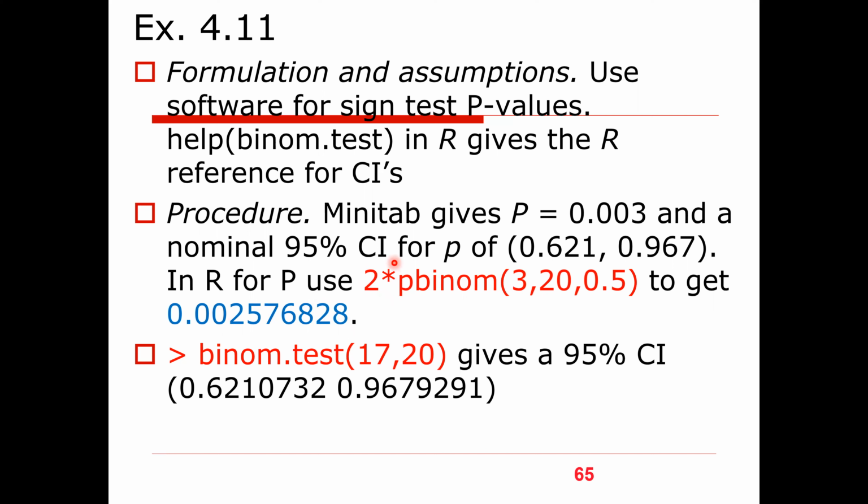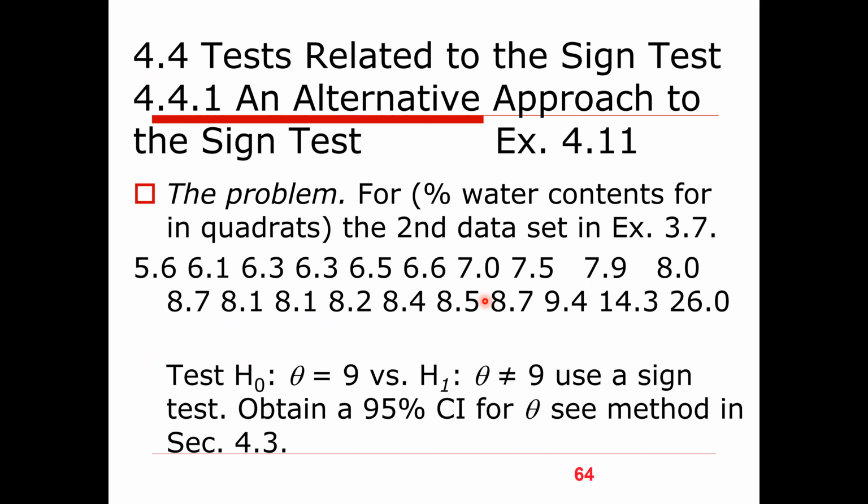When we use pbinom, we should first calculate the number of observations exceeding our hypothesized median. Our hypothesized median is 9. So among these 20 observations, there are 3 observations exceeding 9. So this is 3 out of 20.